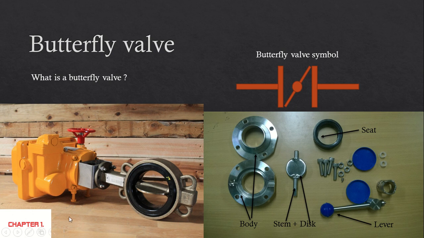So in this figure you are seeing a butterfly valve. Basically, a butterfly valve is a sort of valve that is actuated manually or automatically, and a rotary disc is available inside the valve, and it controls or regulates the flow or prevents the flow.